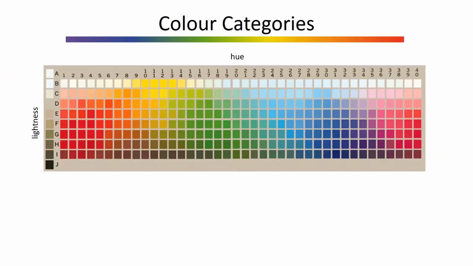Here, I've just disassembled that representation into hue on the horizontal axis and lightness on the vertical axis. And this would be like this set of Munsell chips that's often used in color categorization or psycholinguistic studies on color language.